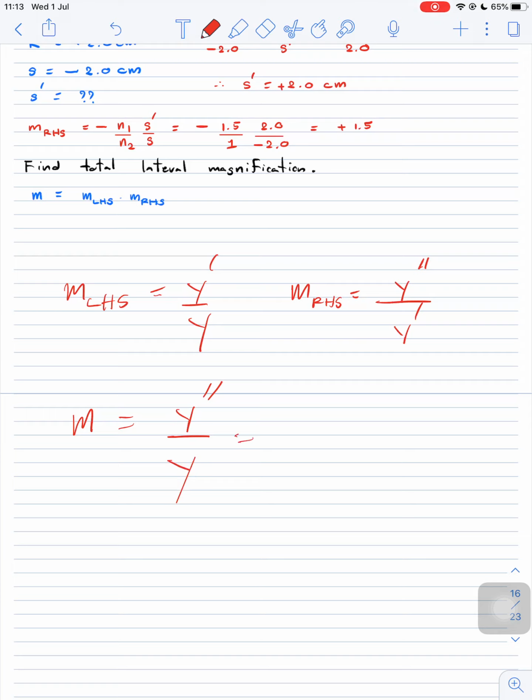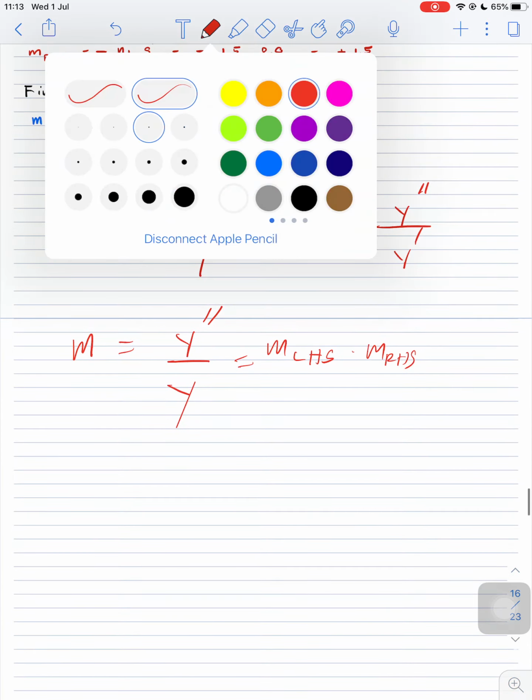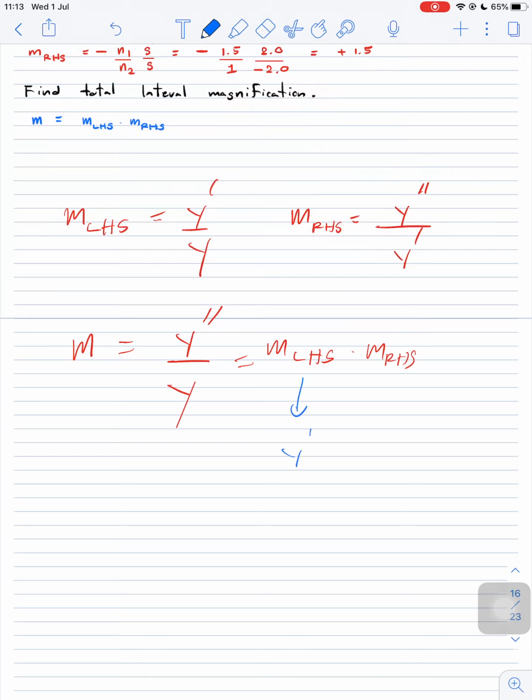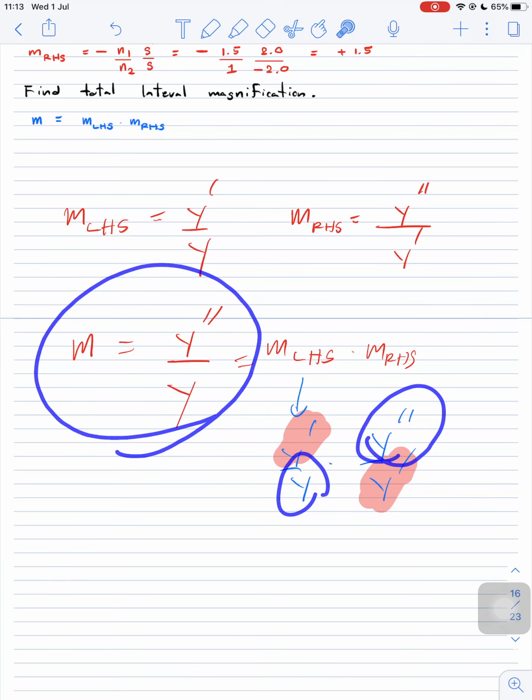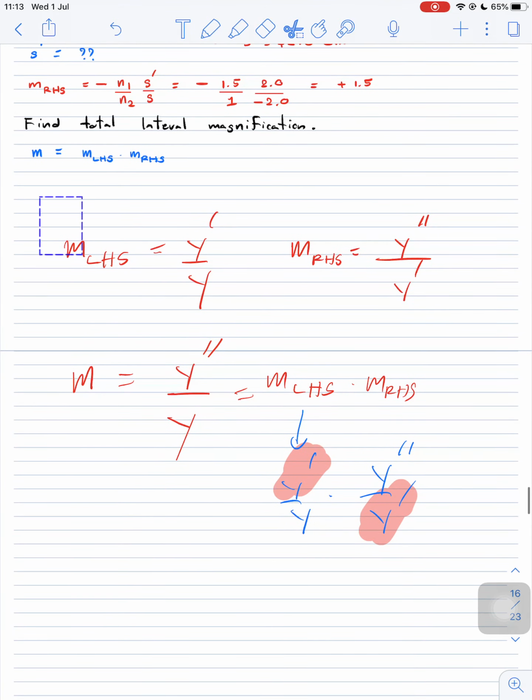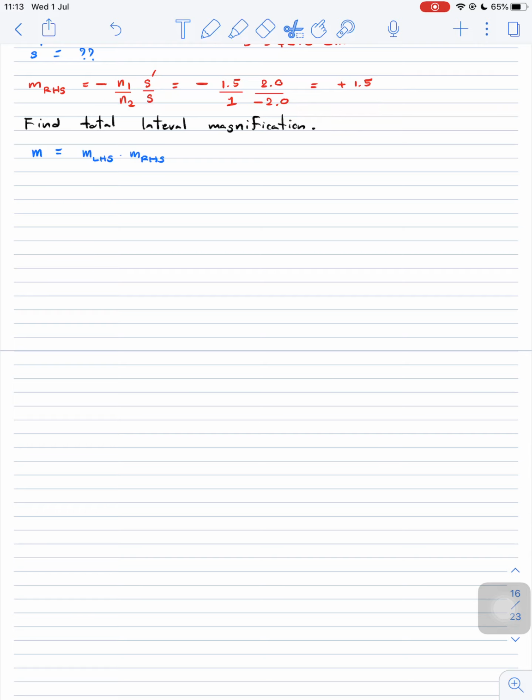So it's going to be equal to the m of the left hand side times the m of the right hand side, right? Because this one is equal to y prime over y, times y double prime over y prime. So this y prime just cancels out, and we have y double prime over y, which is the total lateral magnification here.